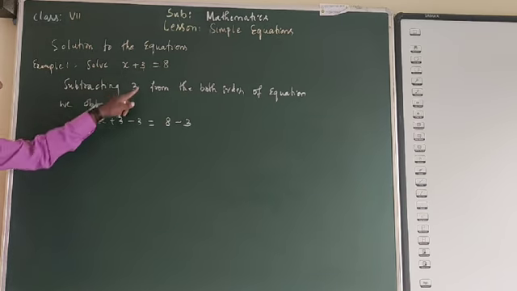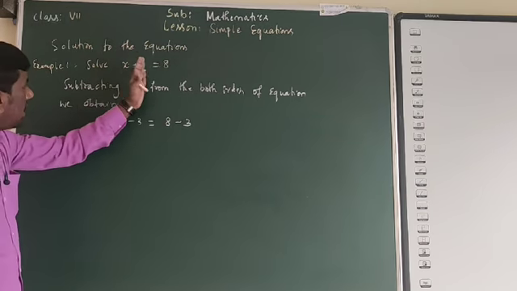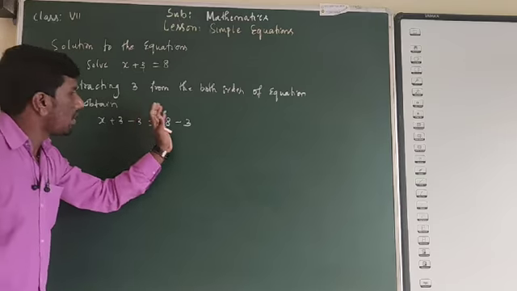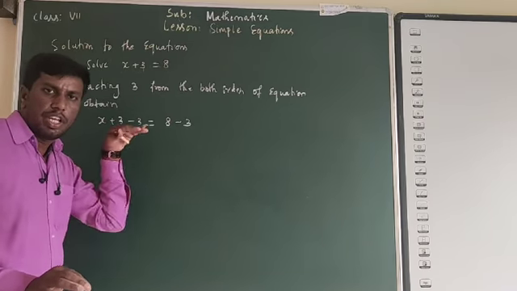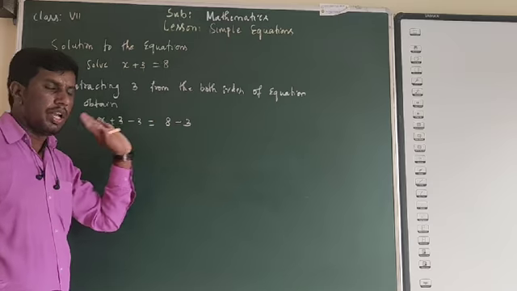Observe that 3 is subtracted from the LHS and 3 is subtracted from the RHS, then only the equation is correct, like a weighing machine, it is horizontal, right?